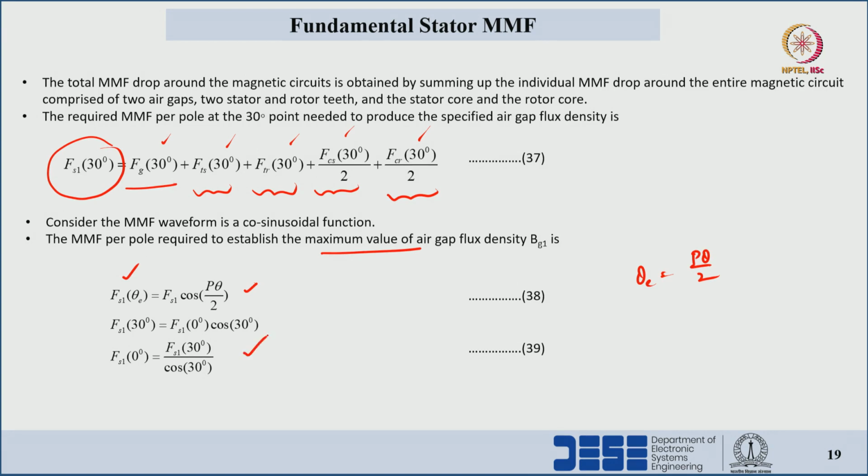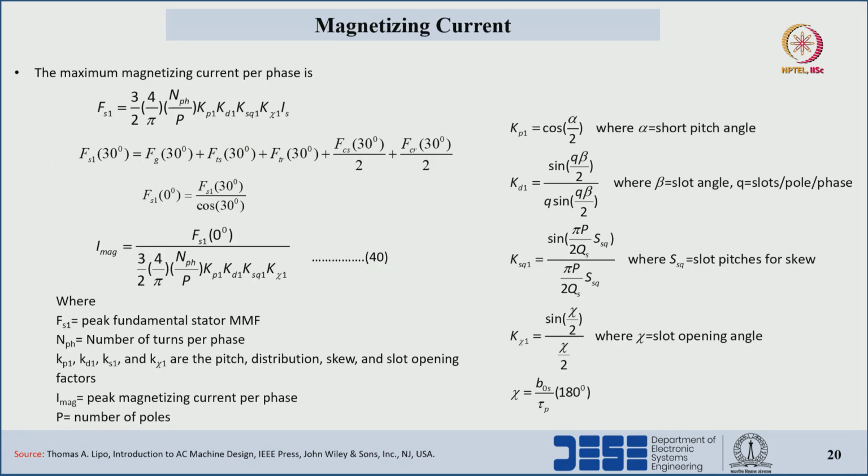Based on that, Fs1 at an angle 0 is nothing but the MMF required to establish the maximum value of the air gap flux density. So, after knowing the MMF value, that is Fs1 at angle 0, to establish the maximum flux density value at the air gap, we know the MMF value with respect to the number of turns and currents.